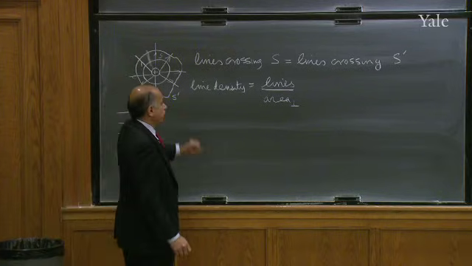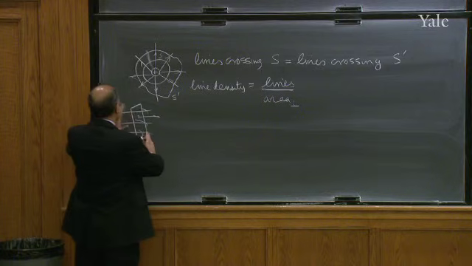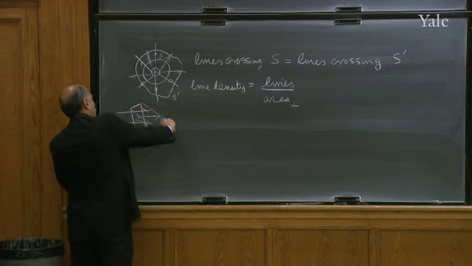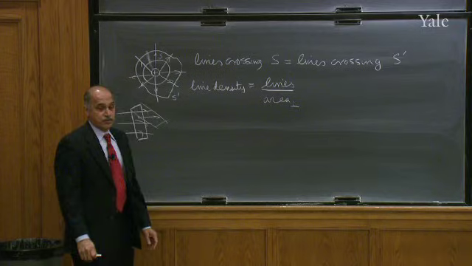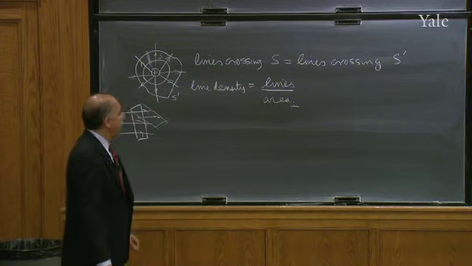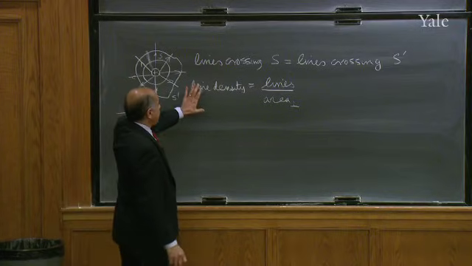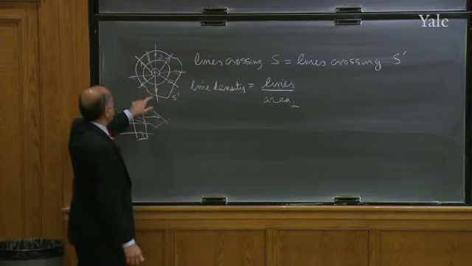That's called the line density. If you tilted this area, the same area but at a bad angle, it will intersect fewer lines. That you know. Okay, so this is the meaning of line density. What's the line density going to look like in this problem?